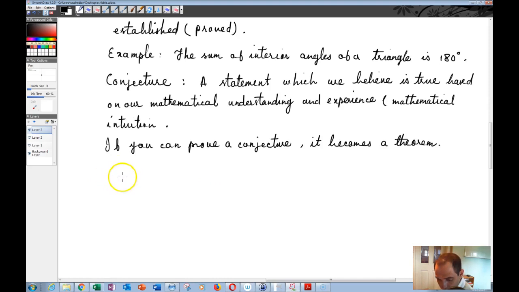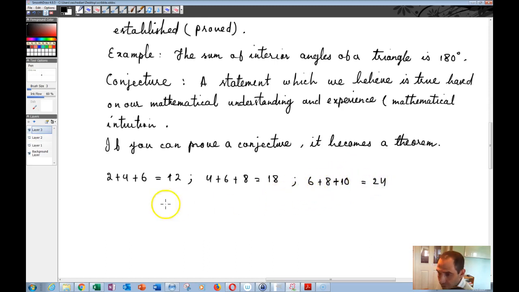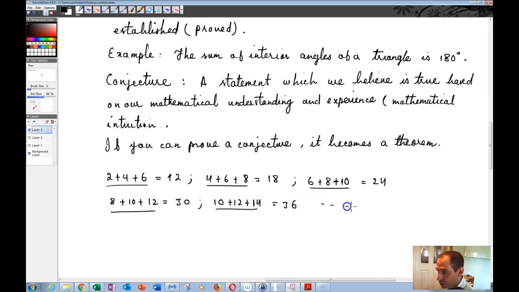For example, 2 plus 4 plus 6 is equal to 12. 4 plus 6 plus 8 is equal to 18. 6 plus 8 plus 10 is equal to 24. 8 plus 10 plus 12 becomes 30. 10 plus 12 plus 14 is equal to 36. You can just keep going.